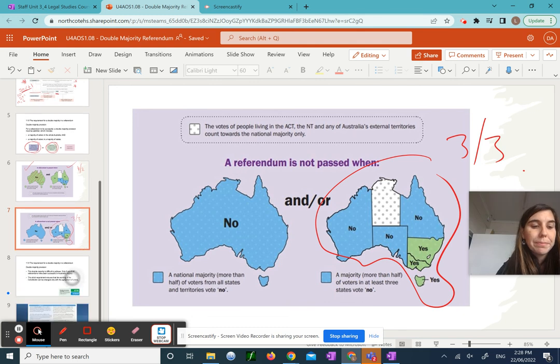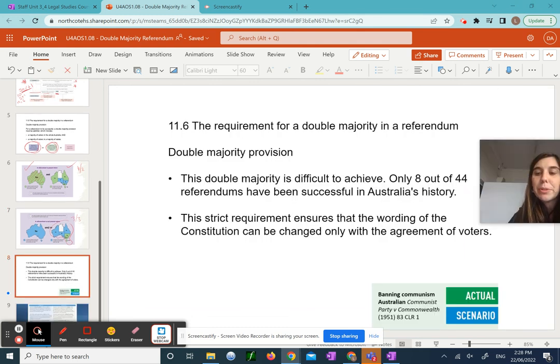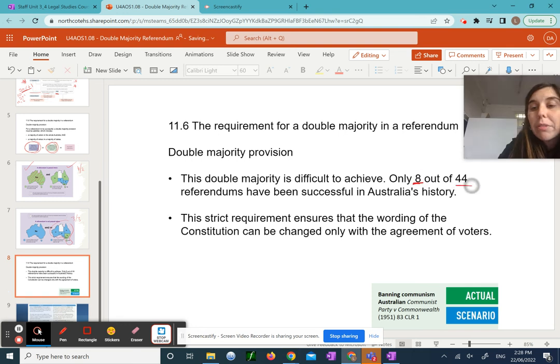So it can be quite difficult for a referendum to achieve, and you can see here with this statistic that 8 out of 44 referendums that have been held in Australian history have been successful. So not a lot of referendums have ever passed, which means that voters have to be really, really sure and really confident of the changes in the Constitution to do it. As a general rule, Australian voters are rather conservative, and you can see that from this statistic.